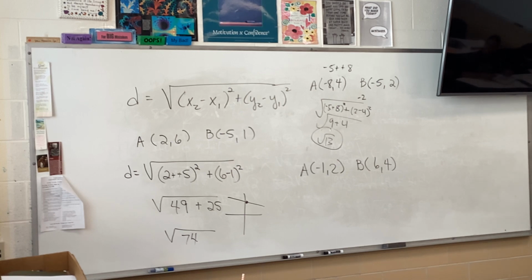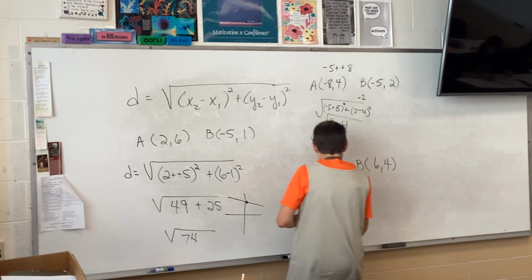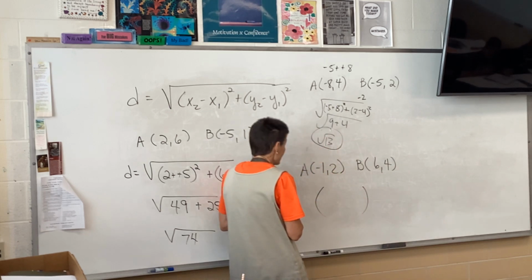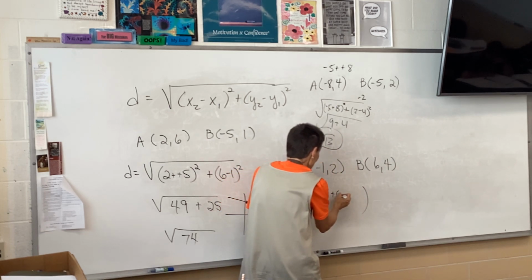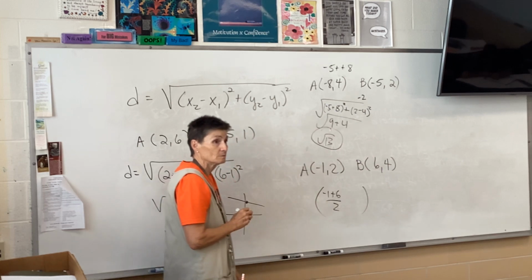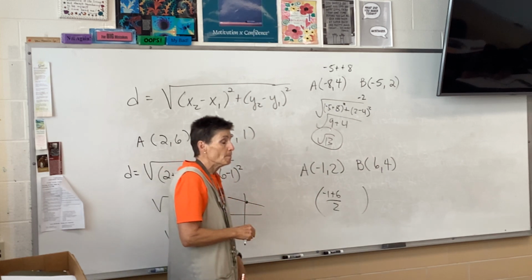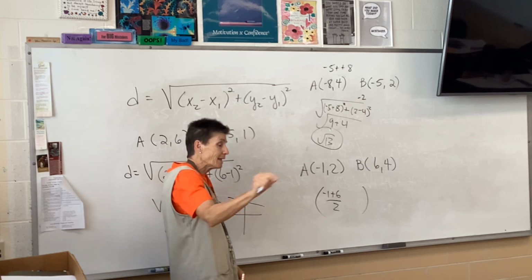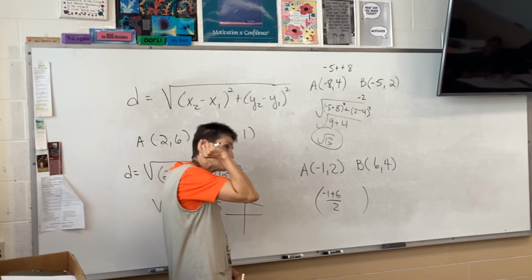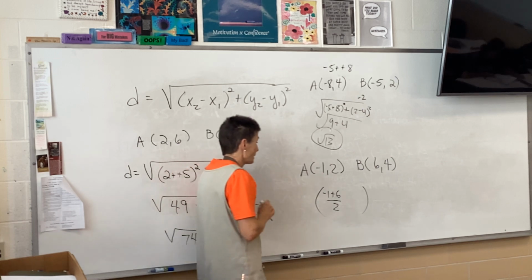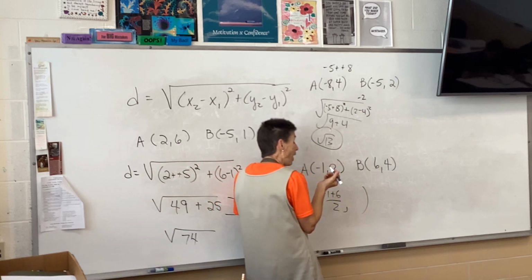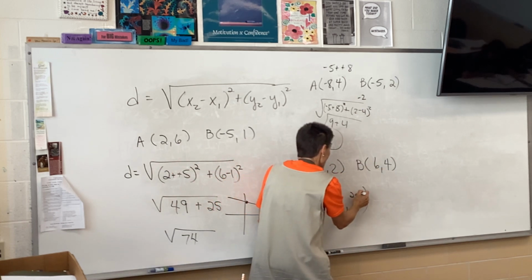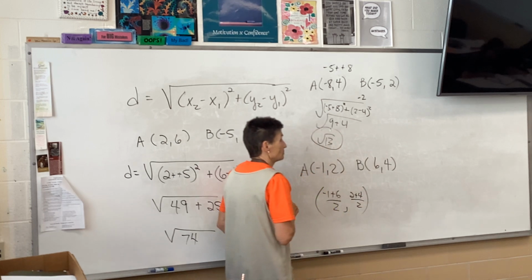Kids, it's easy. So I want the middle x value for my midpoint. The middle x value is going to be -1 plus 6 divided by 2. It's the average. Midpoint is average. Highlight that. Midpoint is average. And then my average y will be 2 plus 4 divided by 2.